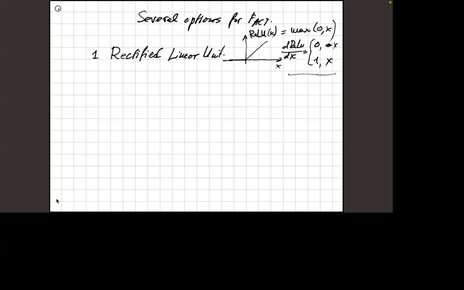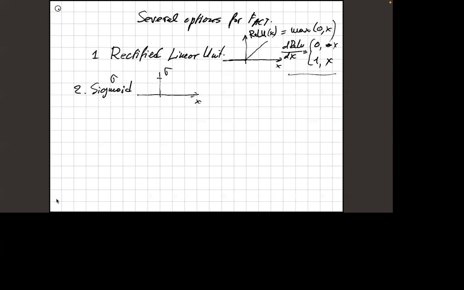Next, just to quickly fill in, we have the sigmoid. Sigmoid looks like this. We have, again, x and sigma of x.